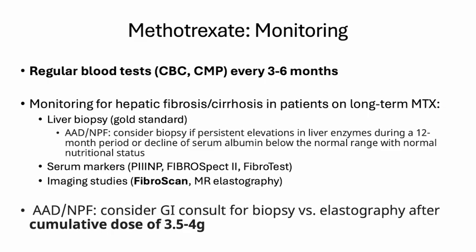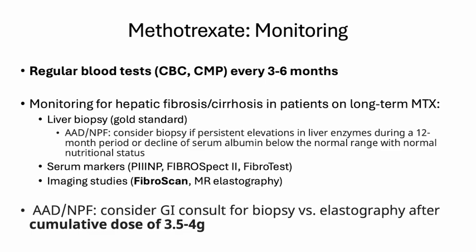Alright, so what about monitoring for methotrexate? Given its risk of serious side effects like pancytopenia and hepatic toxicity, there are a couple blood tests we're going to want to check every 3 to 6 months, and that includes a CBC and a CMP. Other options for monitoring for hepatic fibrosis or cirrhosis are liver biopsy, which is technically the gold standard, but it's an invasive procedure with its own risks.